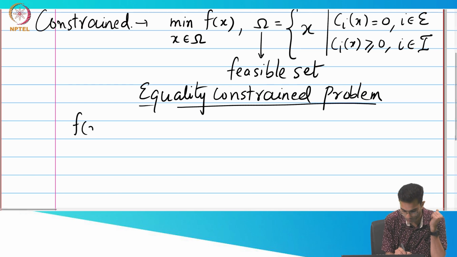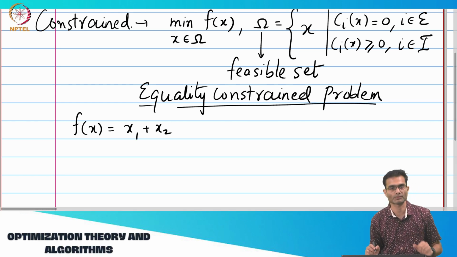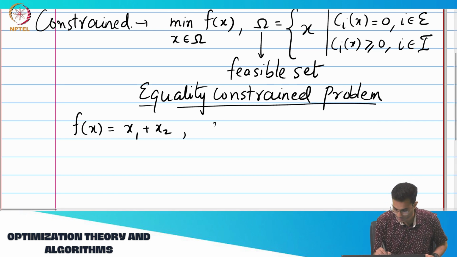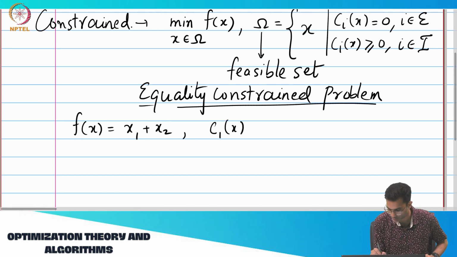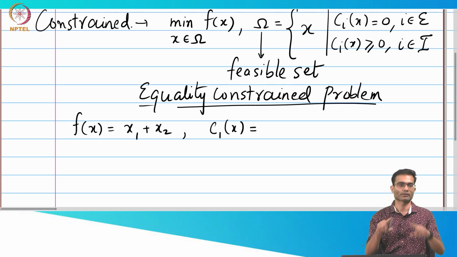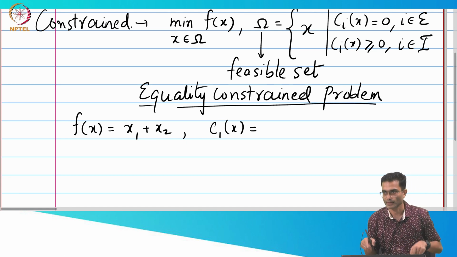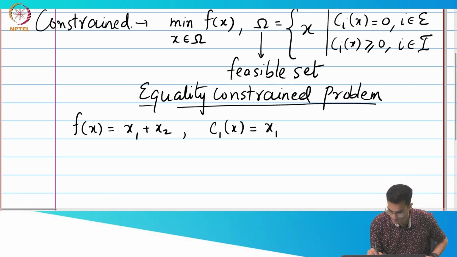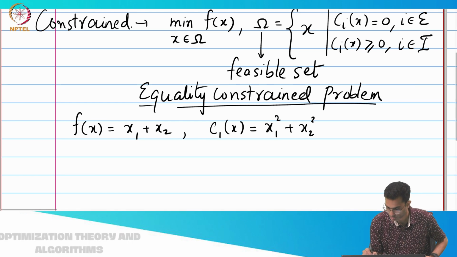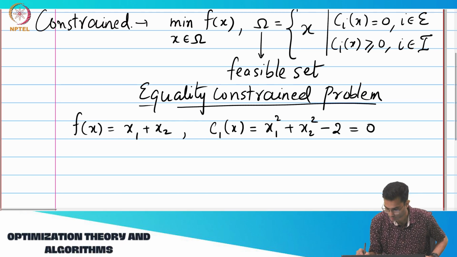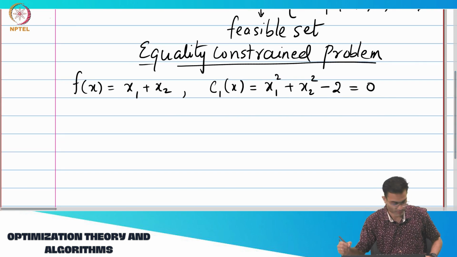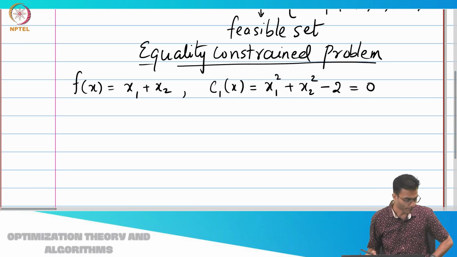Okay, as before, our objective function is very simple, x1 plus x2, and our constraint equality was simply what? The circumference of a circle. This was our constraint. That's what I had.